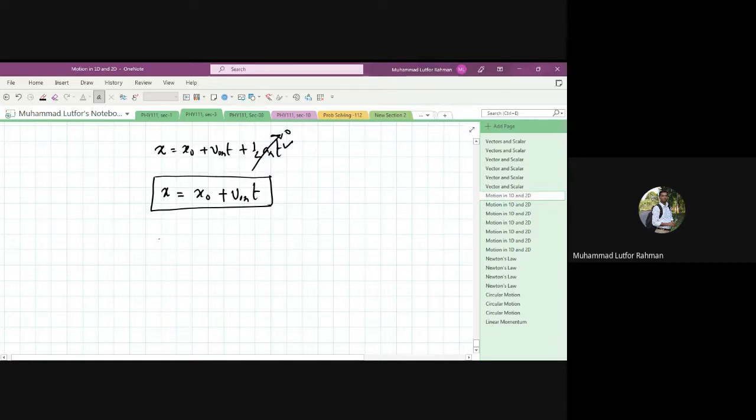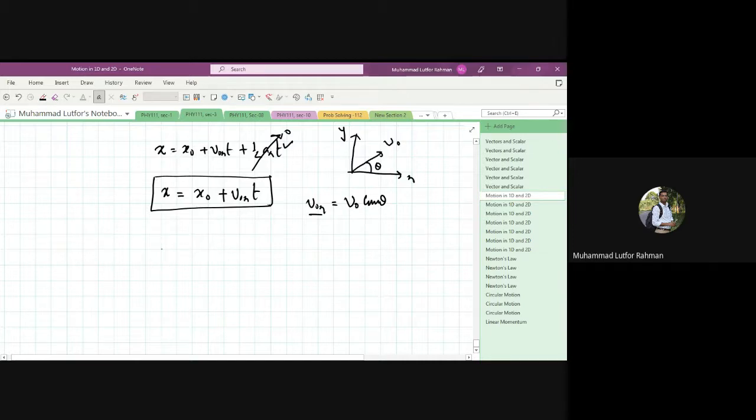And this v naught x, I know is v naught cos theta. V naught is the initial velocity with which it was thrown, making some angle theta, and v naught x is the component of that velocity along the x direction, like this. So this is your x direction, and this is your y direction. You throw the ball with v naught velocity making an angle, then you can take that component.